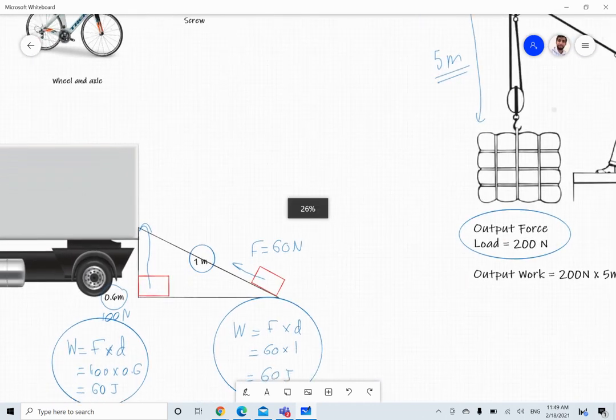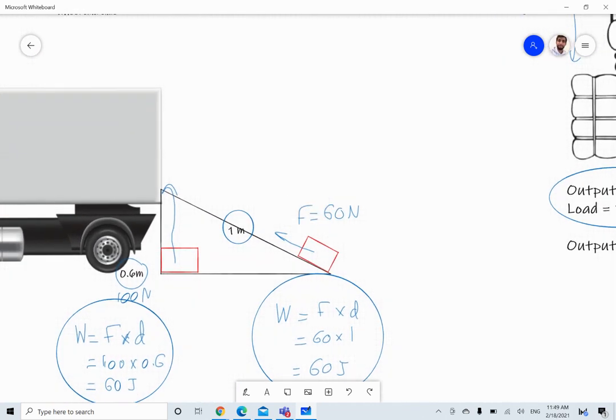If you want, for example, to push this object up this inclined plane, there's friction because the box is touching the rough surface of the wood. So the friction will ask me to exert more effort in order to push it upward, because I have to resist friction.